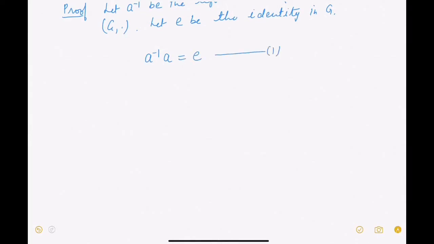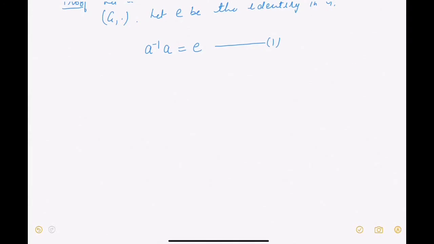As you know, by the property of the identity element, as A inverse belongs to G, A inverse operated with E gives A inverse, and it is the same as E operated on A inverse. This is 2.